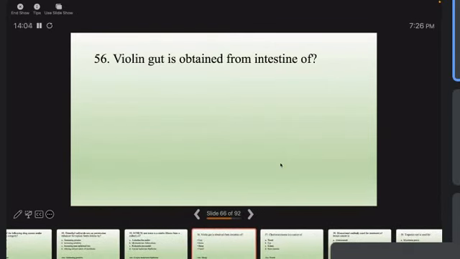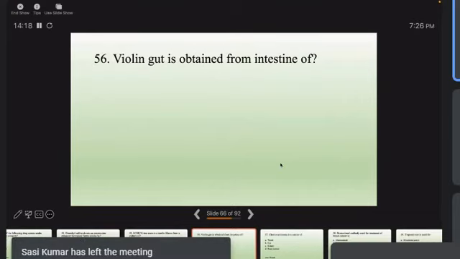Violin gut is obtained from the intestine of... So what are you aware of violin gut? It's a suture. Okay, any idea why it is called violin gut?